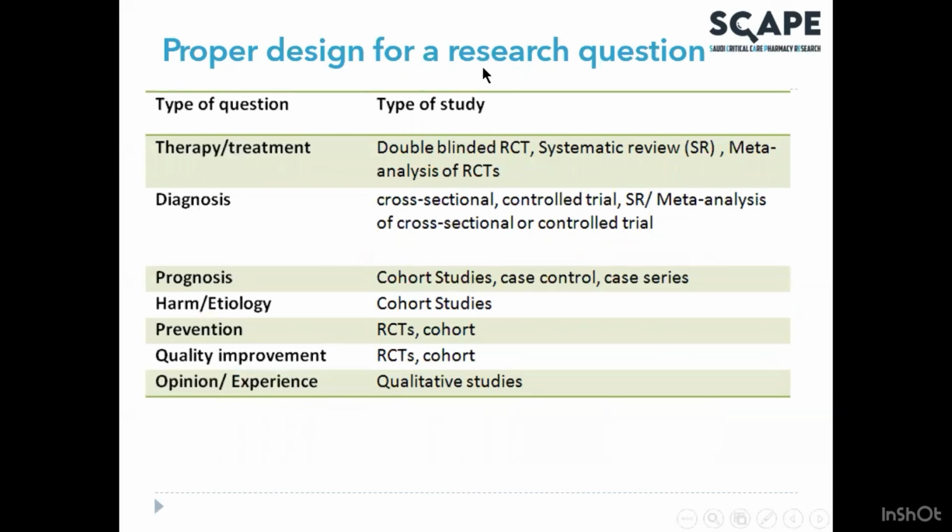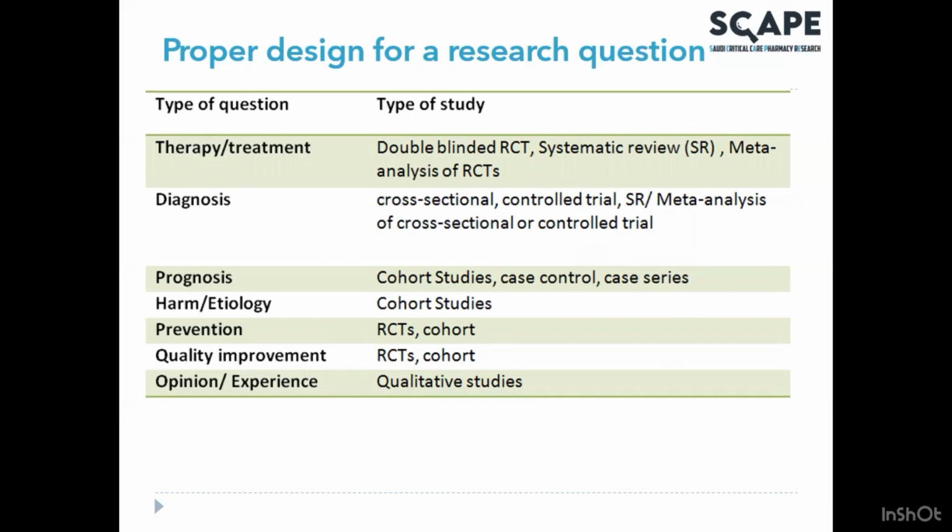So what is the proper design for a research question? Well, it depends on what you are studying. If you are studying therapy or treatment, then the double-blinded RCT is the most suitable study design.